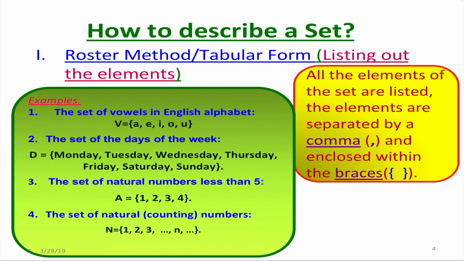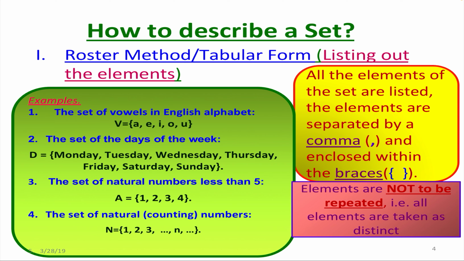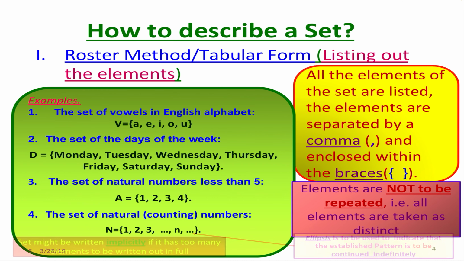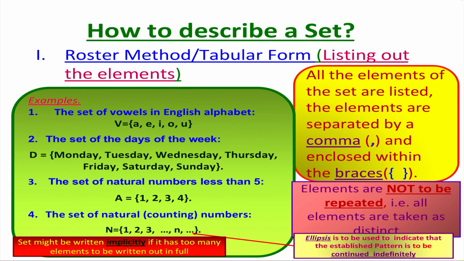All the elements of the set are listed, separated by commas and enclosed within braces, so we use curly brackets. Elements are not to be repeated, meaning all elements are taken as distinct.